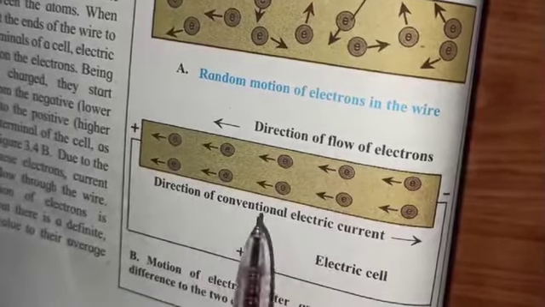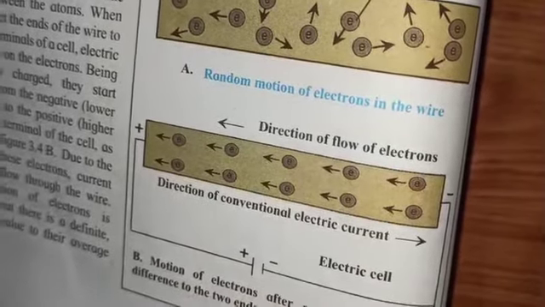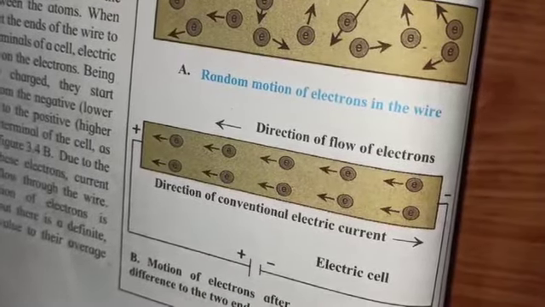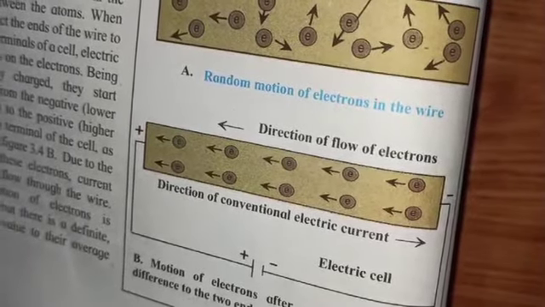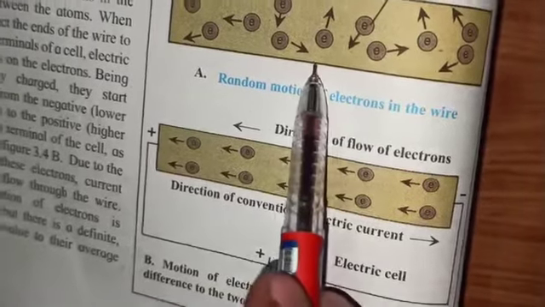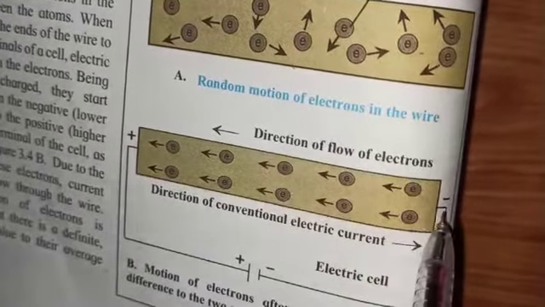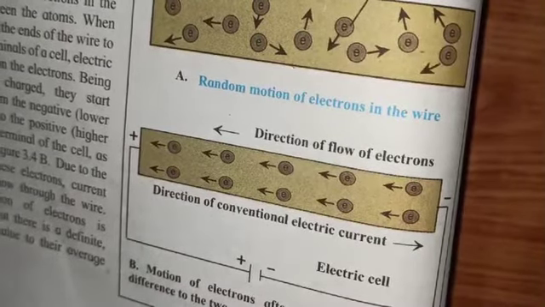They start flowing from the negative to the positive side because electrons are negatively charged particles, and this is electricity. This is known as electric current. So they were in random motion, but as you create a potential difference, the electrons start moving.